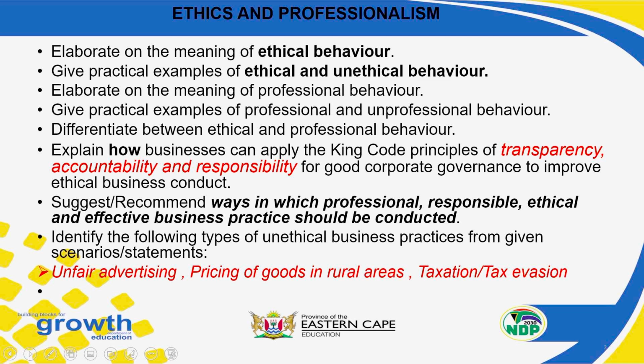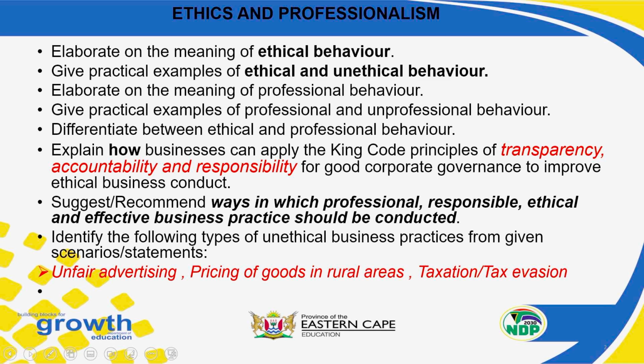With this one, learners, I know it is difficult to make the differentiation because we must also be able to elaborate on professional behavior. It means you need to differentiate between the ethical and unethical behavior, and also between the professional and unprofessional behavior.